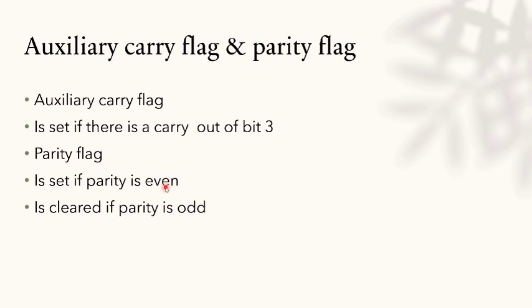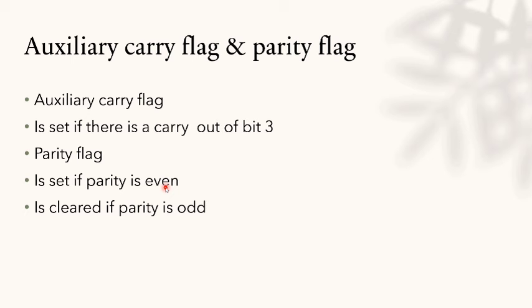Now we will see the auxiliary carry flag and the parity flag. The auxiliary carry flag is set if there is a carry out of bit 3. So if we are going to have any carry when we are performing operations, then we are going to work with the auxiliary carry flag. The parity flag is set if the parity is even.